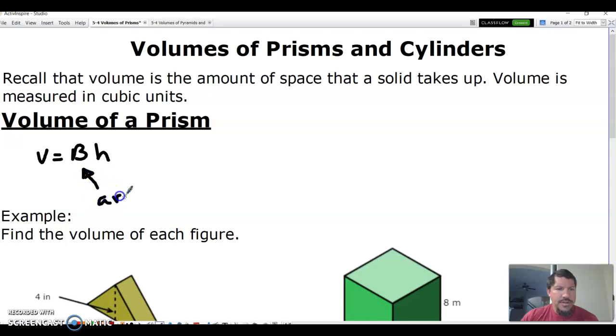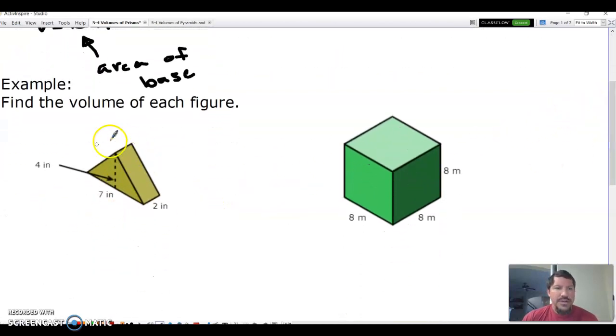So remember, that is area of base. So that all depends on what the base of the prism is. So right here we have a triangular prism. So we need the area of a triangle, which is base times height over 2, right? This here is my prism height.